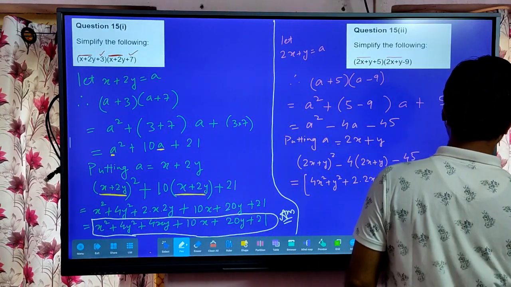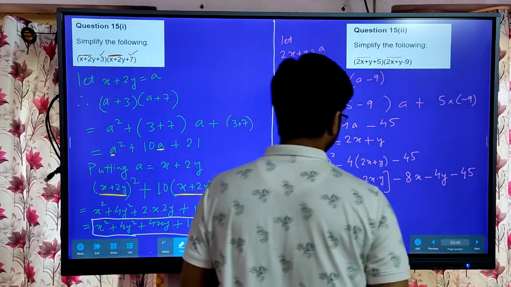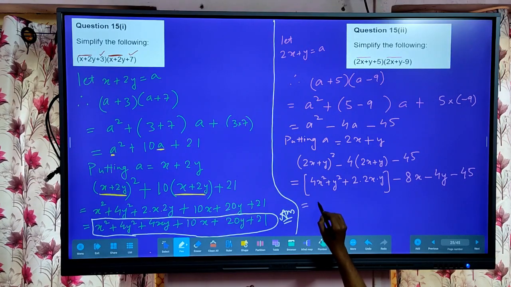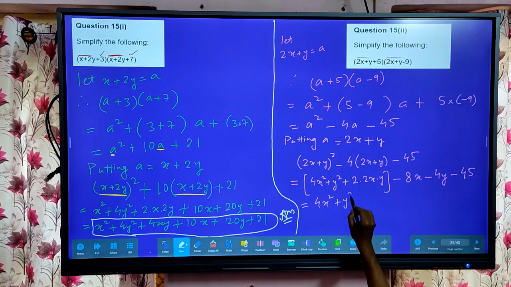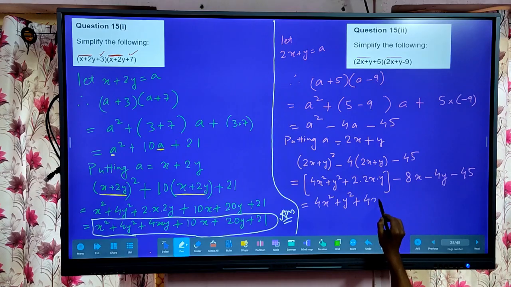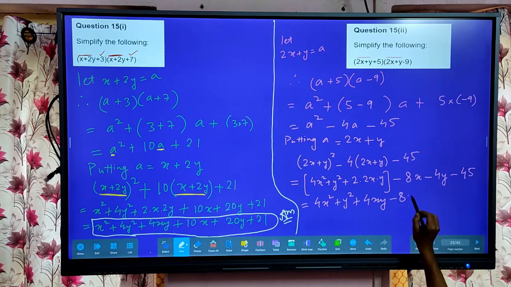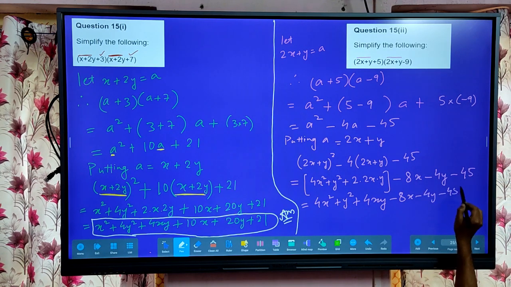Minus 45. Understood? So you break them, it will be 4x square plus y square plus 4xy, then minus 8x minus 4y minus 45.